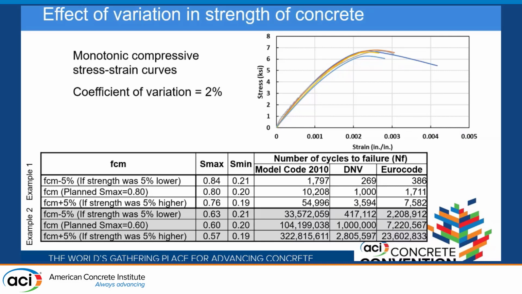So let's say we take the average strength and we assume that we are looking at this 80% load. The model shows that our concrete will last about 2,000 cycles. If we were not correct, and the strength is 5% less, the S-max is not 80%, it's 84%. And Model Code says it's less than 2,000 cycles. That's a 5-fold difference in the model itself.